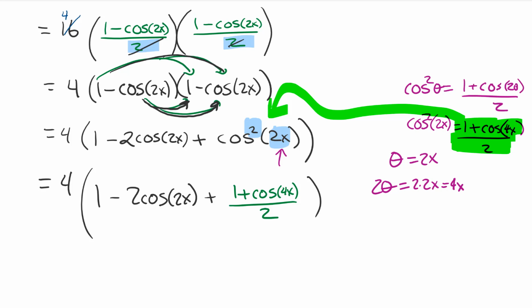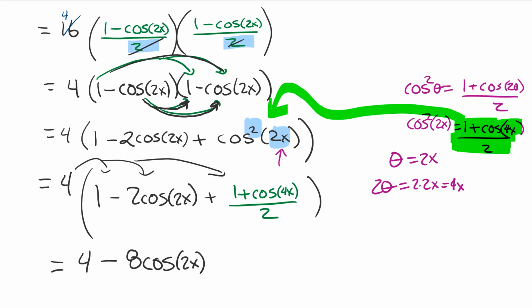I think we really only need to do one more thing to clean it up. Let's bring the 4 through to all the pieces and see what happens. We get 4 minus 8 cosine of 2x. Now, I know we might struggle a little bit with this too. The 4 is in the denominator of the 2, and 4 divided by 2 is 2, and then we have cosine of 4x.